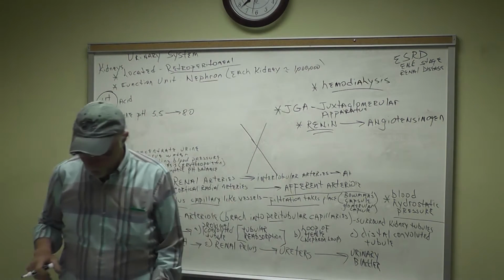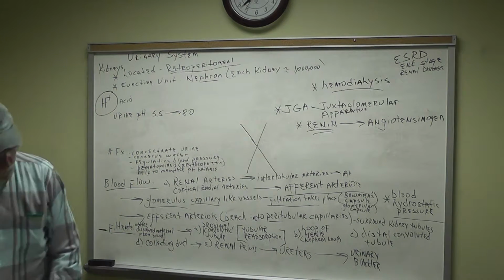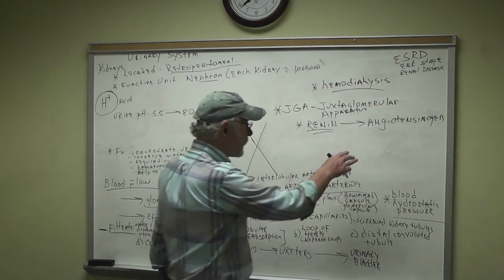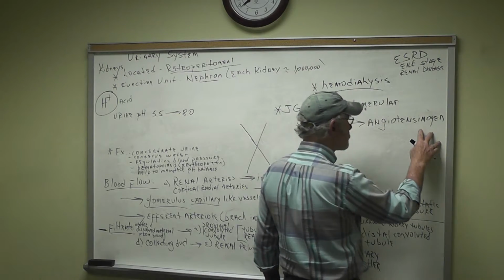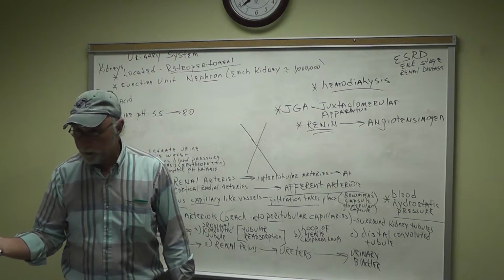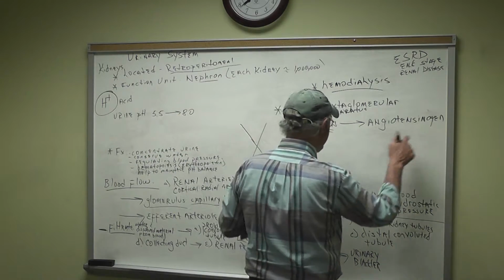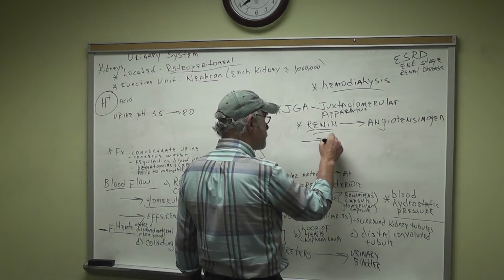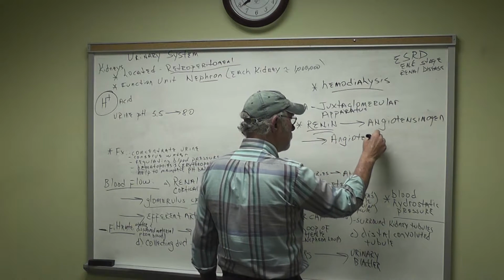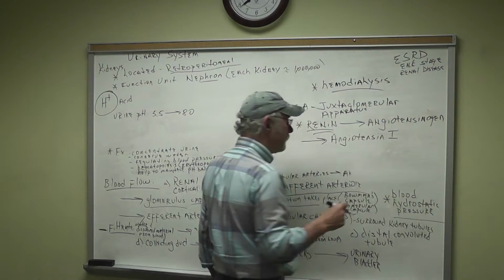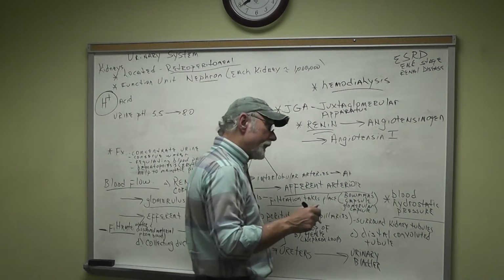Sometimes some textbooks will call it angiotensin II. And this is a substance that just normally is circulating in the blood. Okay, so when this renin is released, it interacts with this angiotensinogen and converts it to a substance called angiotensin I.